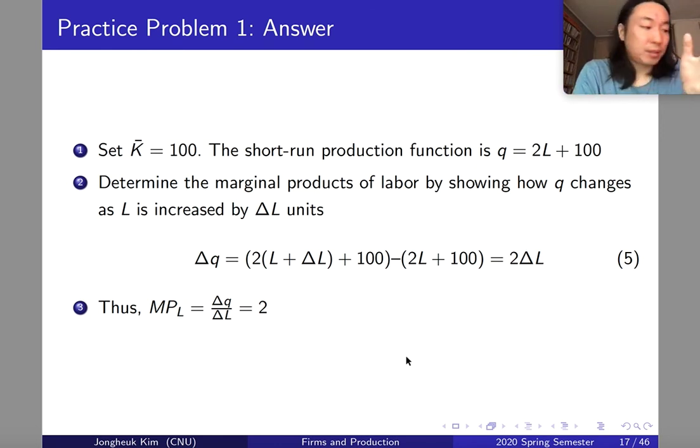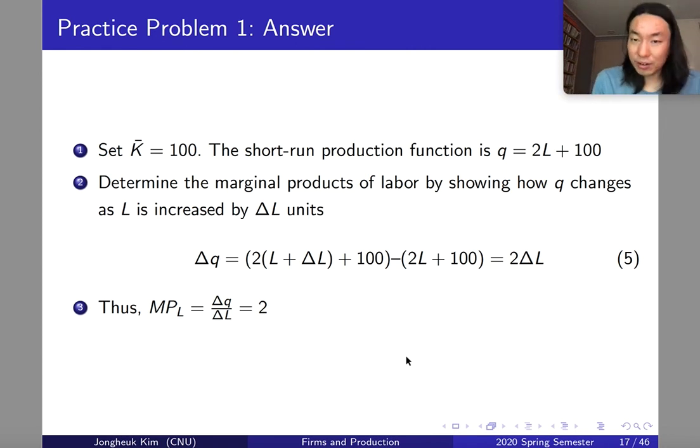So the first big parenthesis is after changing the product, and the second parenthesis, 2 times L plus 100, is before changing the total product. So the left-hand side of equation number 5, delta Q, is the change of total product.